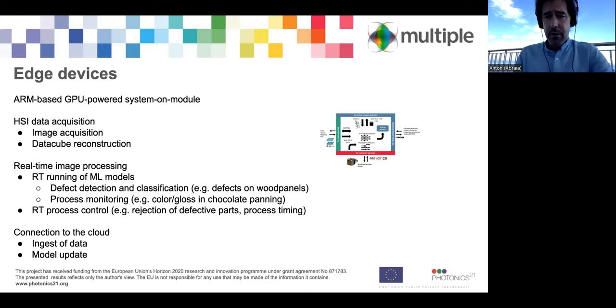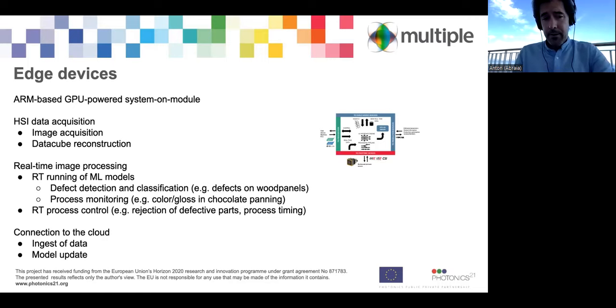As well, the embedded devices take all the real-time decisions related to process control, like the rejection of defective parts, or decisions on the timing of the process, like proceeding to the next stage of the process.